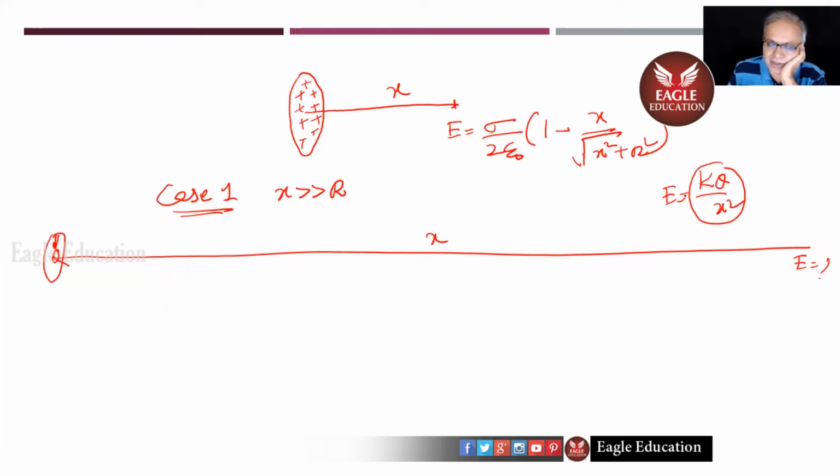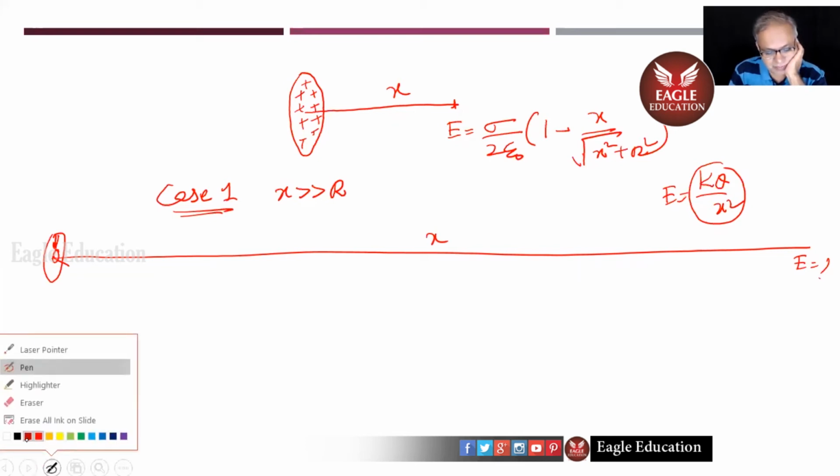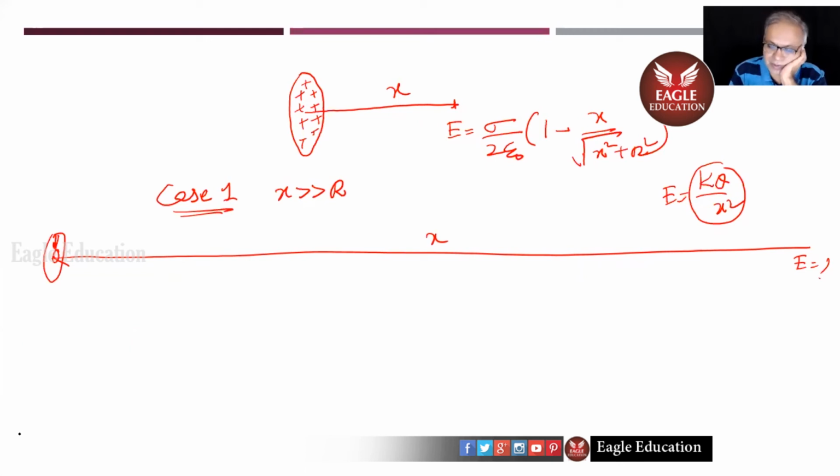Okay. Now, how to check it mathematically? Can anybody tell me how I might try? E equals sigma by 2 epsilon 0 into what would I do when x is greater than r?